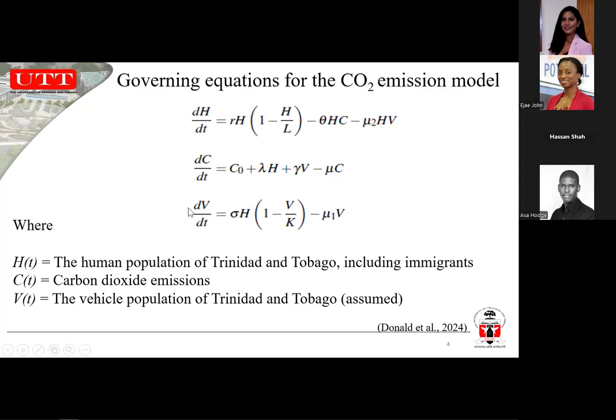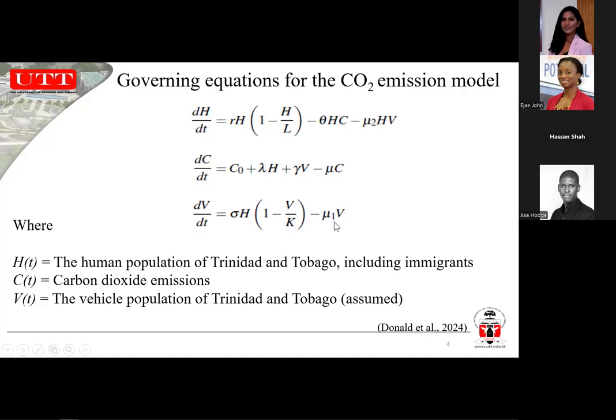Lastly, we have the change in vehicles over the change in time, where the first parameter represents the number of humans that demand mobility. We also introduce the vehicle carrying capacity K. Again, this was not considered in his model.